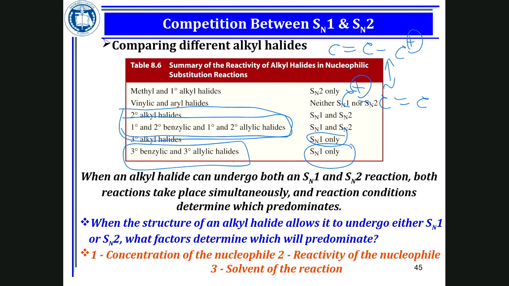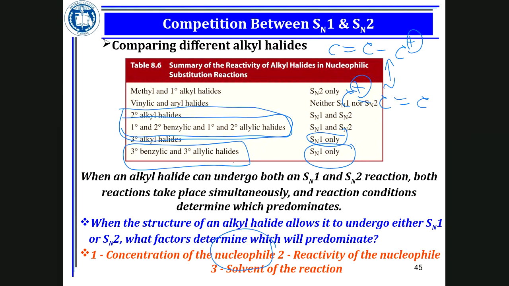Then you have to change the condition of the reaction. So if it's not definite by the table that it is going to be Sn1 only or Sn2 only, then it's going to depend on the condition of the reaction. Now it depends on your solvent and it depends on your nucleophile. So it depends on the concentration of the nucleophile.